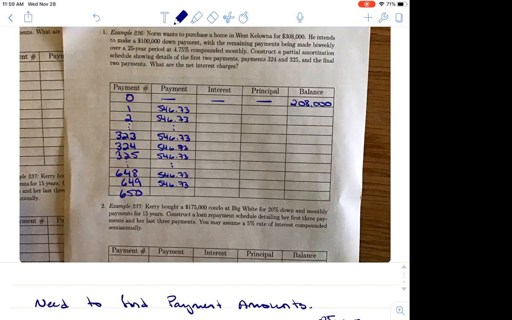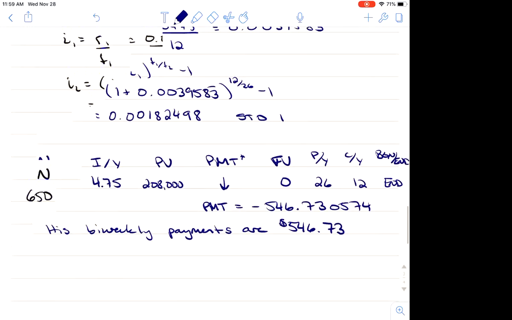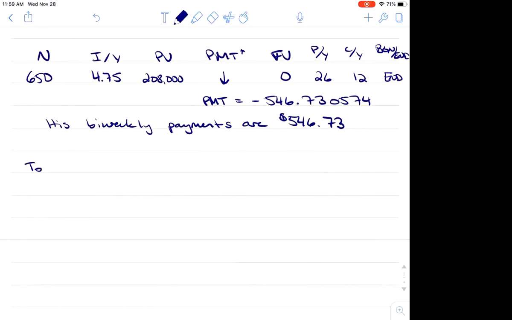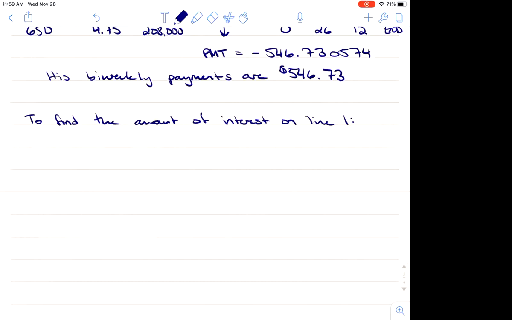And so to find the amount of interest on line 1, you take your previous balance times I2.